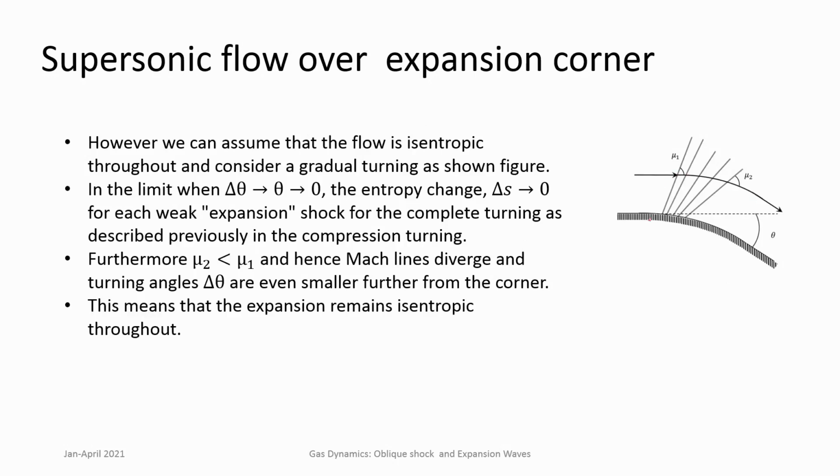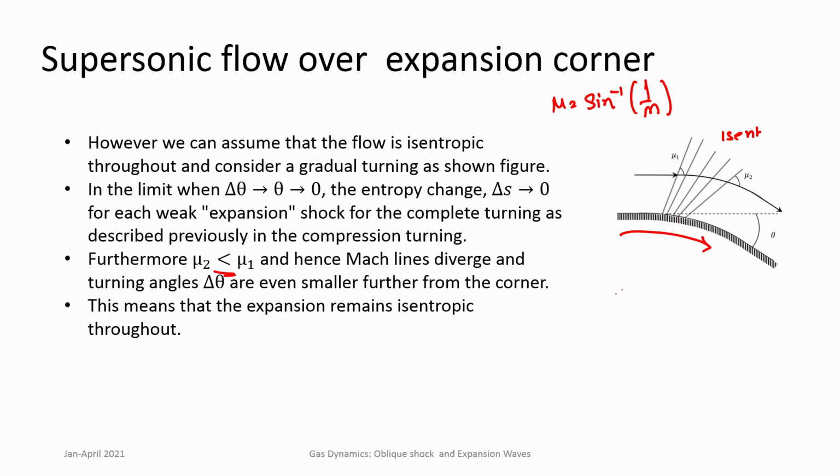So this is the gradual turn away from the flow, and the flow remains isentropic, and it is bounded by Mach waves. This is the starting Mach wave mu1, and this is at the end mu2, and since they are related, mu is sine inverse 1 by M. So Mach number is increasing across the turn, therefore mu2 is always less than mu1.